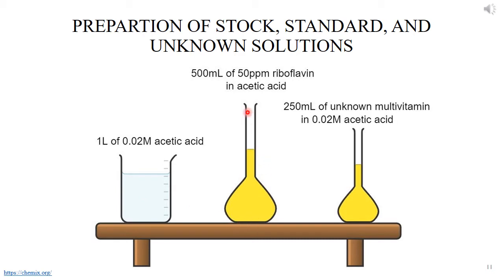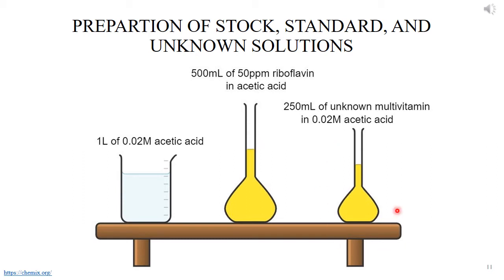A stock solution of 50 parts per million riboflavin was prepared with 25 milligrams of riboflavin and the 0.02 molar acetic acid stock solution. The solution was heated for the riboflavin to dissolve in the acetic acid. 500 milliliters was prepared in a volumetric flask. This was used for the standard solution of riboflavin with known concentration.